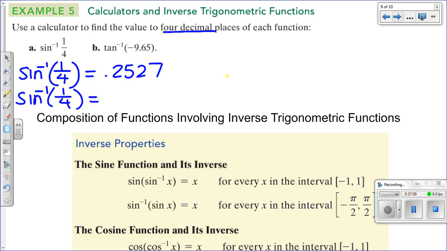Okay, did anyone get a different number? Don't be afraid if you did. It's okay. I got 14.4775. Okay, so who's right? Both are correct. One is in degrees and this one is in radians. Mine's not set on radians, and that is degrees.